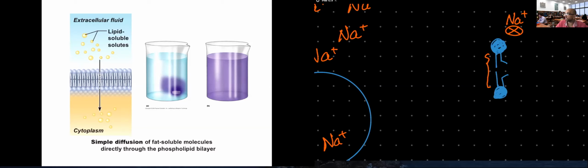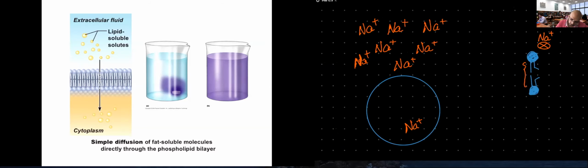In order to allow it in, you need to have sodium channels. I need to have sodium channels. If I do have sodium channels, would I need to pay for this sodium to travel into the cell? Would I need to consume energy?